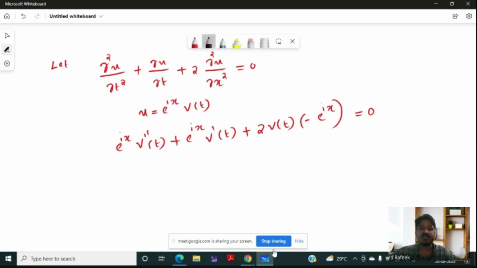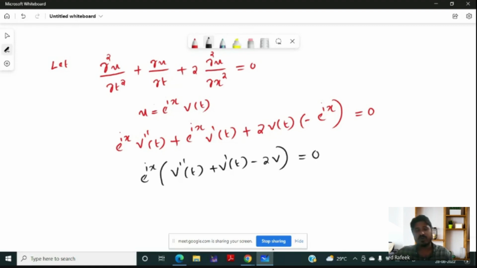We can cancel e raised to ix, or take e raised to ix common: v double dash of t plus v dash of t minus 2v equal to 0. So e raised to ix is never 0. So only v double dash of t plus v dash of t minus 2v equal to 0. That is the only possibility. This is a second order ordinary differential equation.